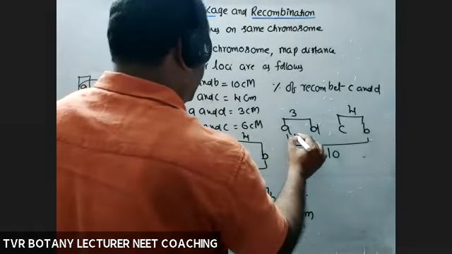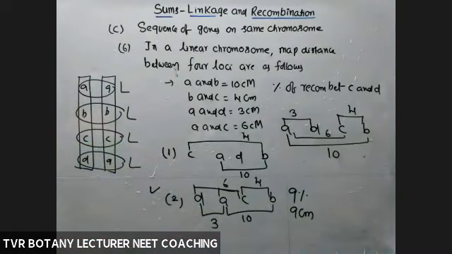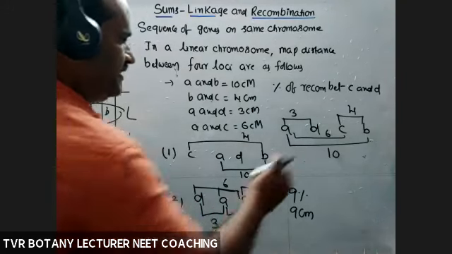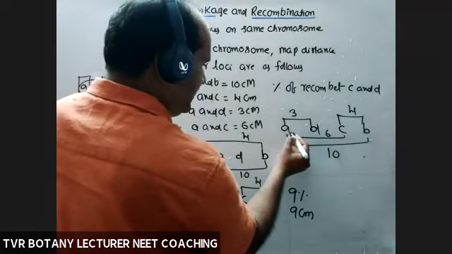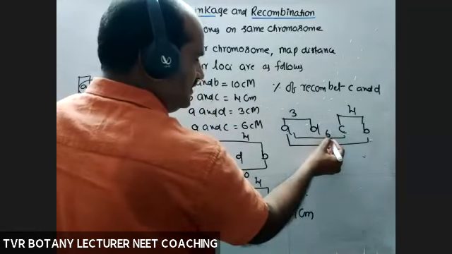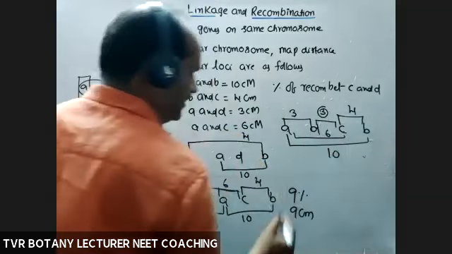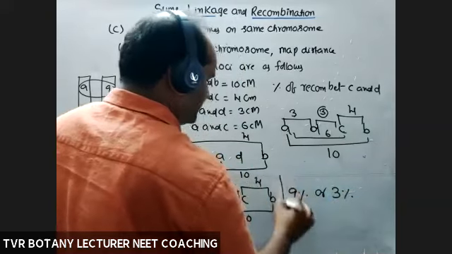AC, how much? 6. Okay, what they're asking? CD they are asking. C and D. Okay, so the distance between A and C is 6. 6 minus 3. Now we got it. Okay, so 9% or 3%.